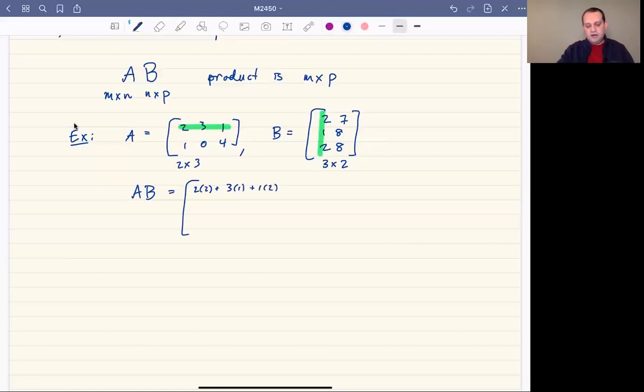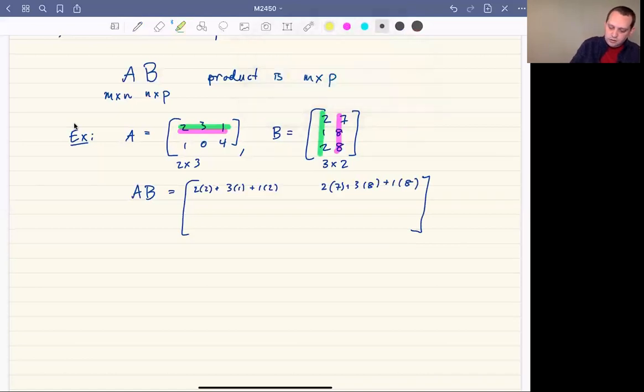And then we'll do this again for the first row of A and the second column of B. Okay, so we're going to take that row of A times that column of B, and we'll end up with 2 times 7 plus 3 times 8 plus 1 times 8. All right, and then we'll do this again.